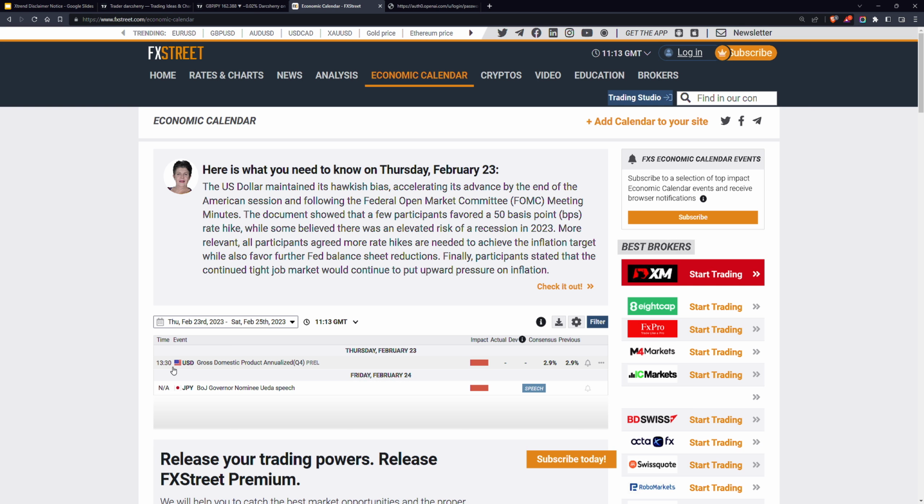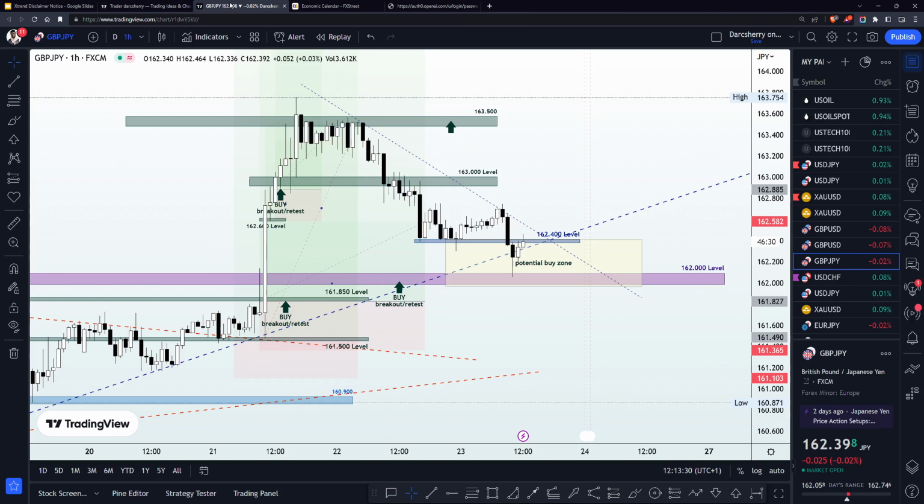I think an hour from now we are going to be witnessing the publication of the GDP, and this has a high chance of bringing volatility into the market. So ensure you secure your current position, and let's wait out for the simulations we have identified to play out before joining or adding more position to your existing trade.